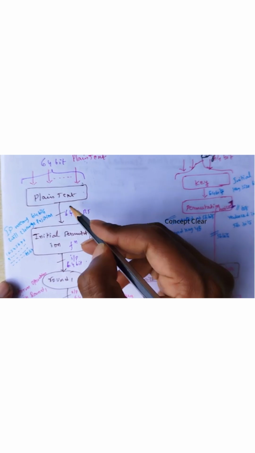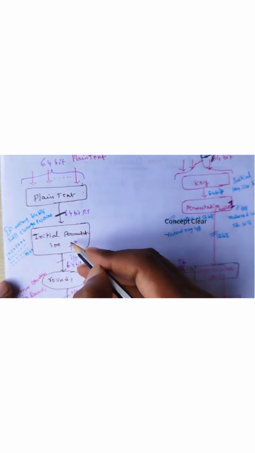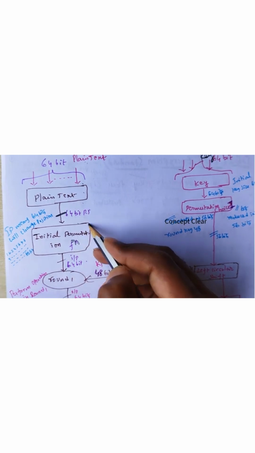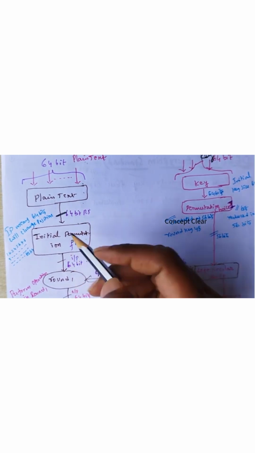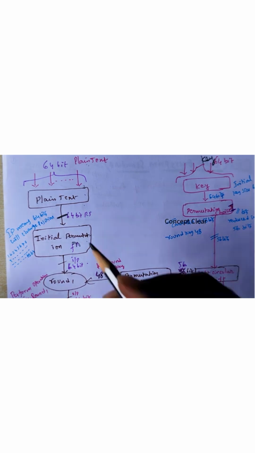The plain text goes to the initial permutation function. Here the 64 plain text bits go to the initial permutation function. What is the initial permutation function? This is a function which will change the bit positions.